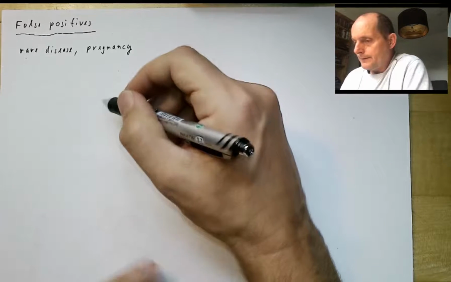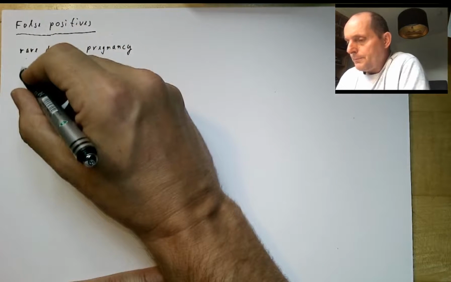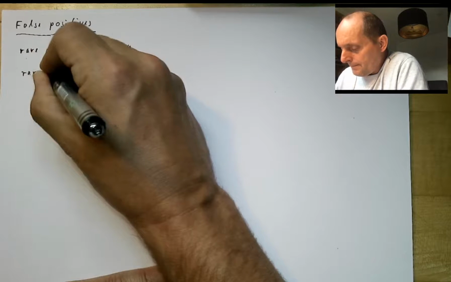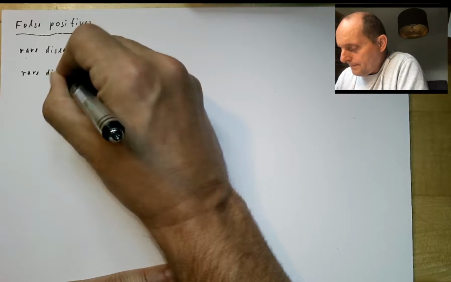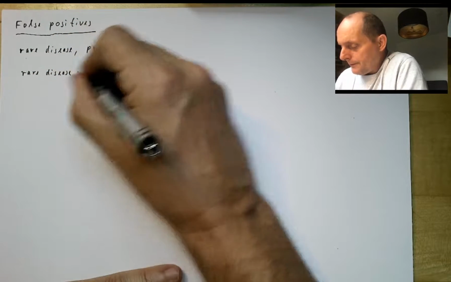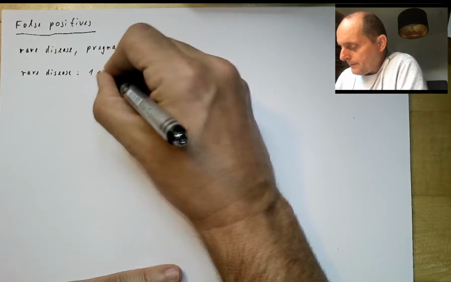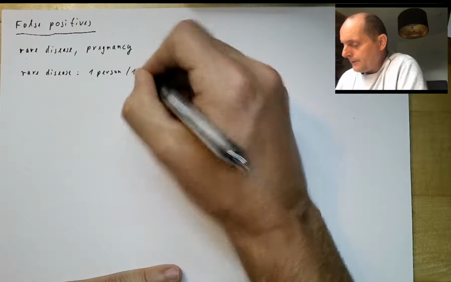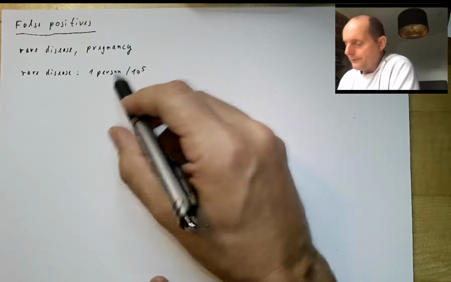And now, let's say we have this: how many people have this rare disease? Let's assume one person on average has this disease, one of 100,000 people.